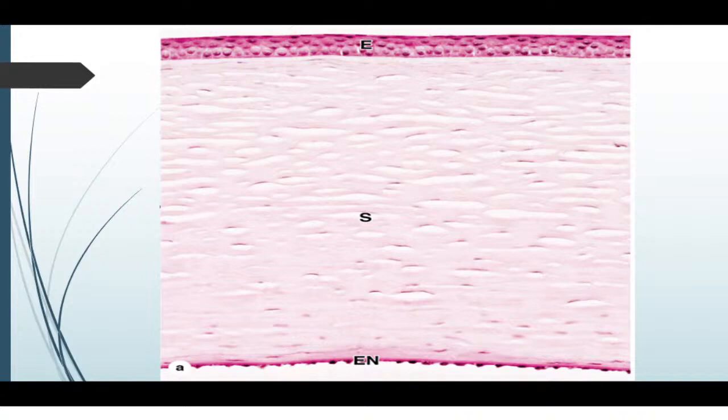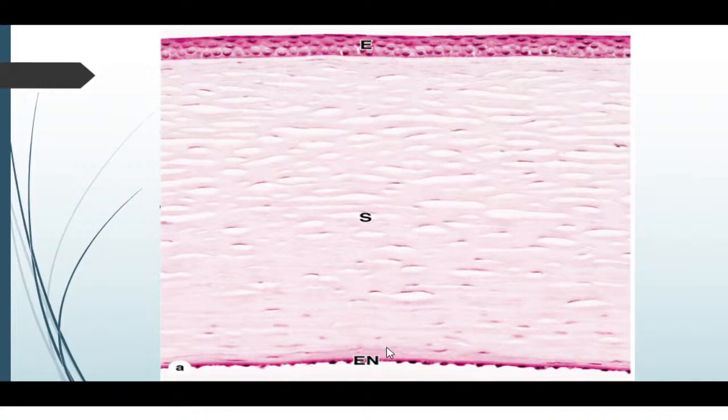Bowman's membrane is a result of special products of the epithelium and connective tissue between the outermost epithelium and the cornea proper. The cornea proper is the main element of connective tissue, but it's very important that it is transparent and avascular and the cells are not visible here because of a lot of hyaluronic acid and glycosaminoglycans.